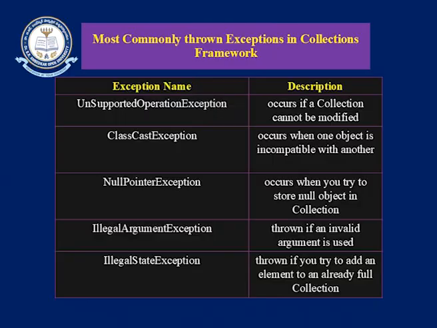Suppose I have a collection, the collection name is X. The property of the collection is that you cannot modify it, but still if you are trying to modify it, it raises one type of exception. That exception type is unsupported operation. Even though you are not supposed to modify it, you are trying to modify it, you are not supposed to do that operation. In such cases, the exception raised is called UnsupportedOperationException.